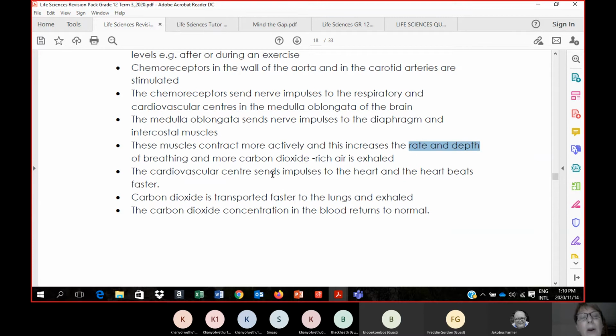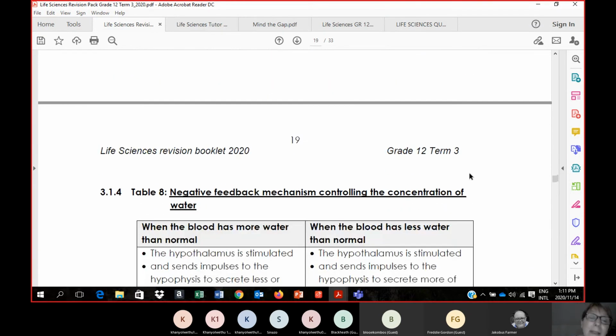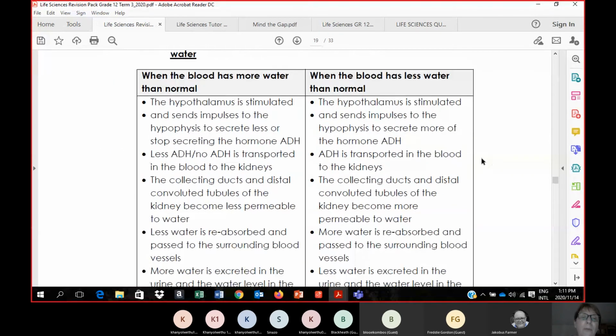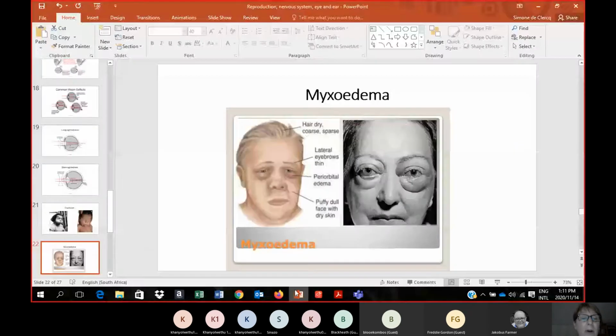Also, the cardiovascular center sends impulses to the heart, and your heart rate increases, your heart beats more quickly, and so therefore more blood with carbon dioxide is transported to the lungs to be exhaled. All right, so this is the homeostatic mechanism of carbon dioxide. Then you also need to do the one for water. Now, for the one for water and salts, I just want to remind you about this little picture, which you may have forgotten.